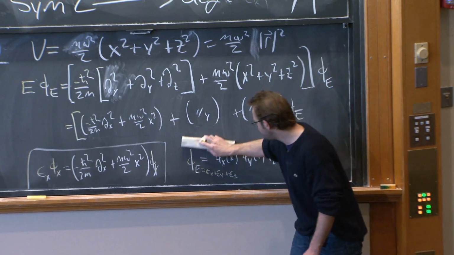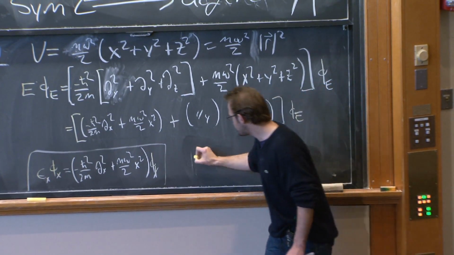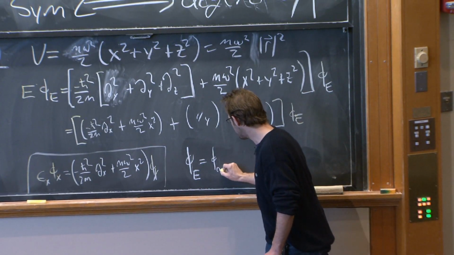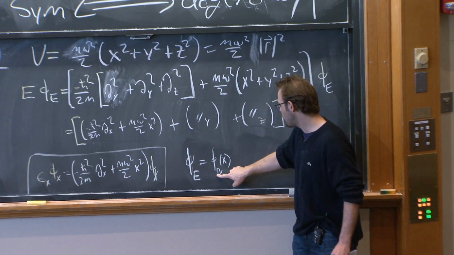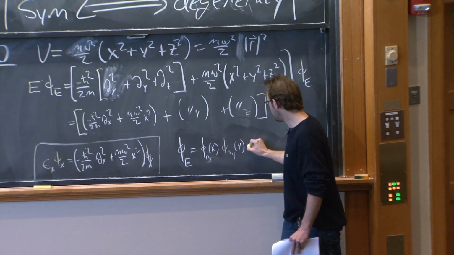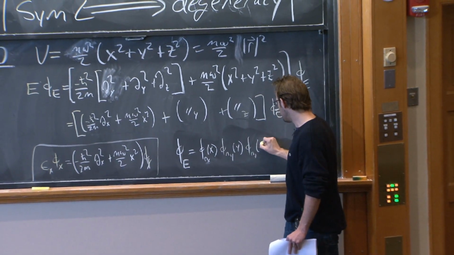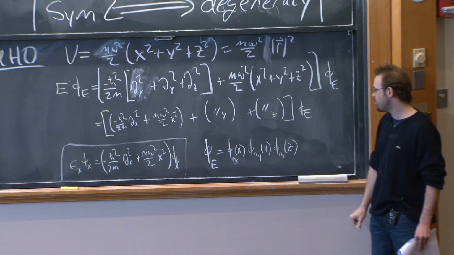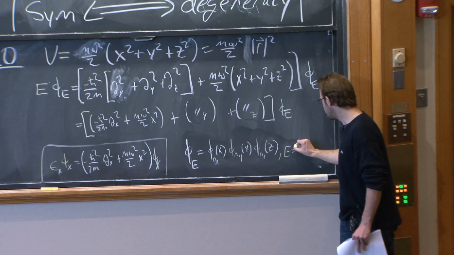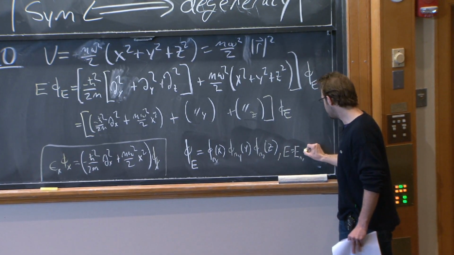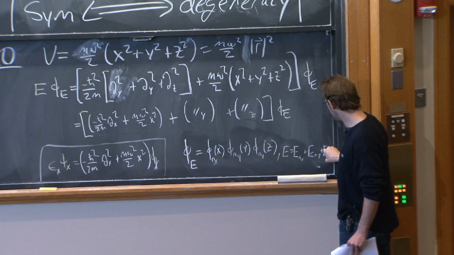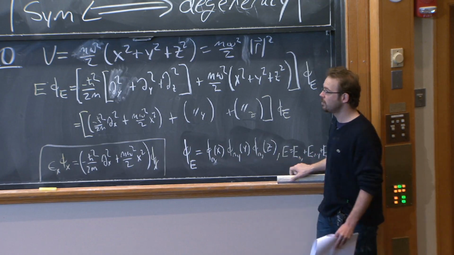So I'm going to write this slightly differently: phi_E is equal to phi_nx of x, the state with energy E_nx, times phi_ny of y, times phi_nz of z, where these are all the one-dimensional harmonic oscillator eigenfunctions, and E is equal to E_nx plus E_ny plus E_nz. OK?